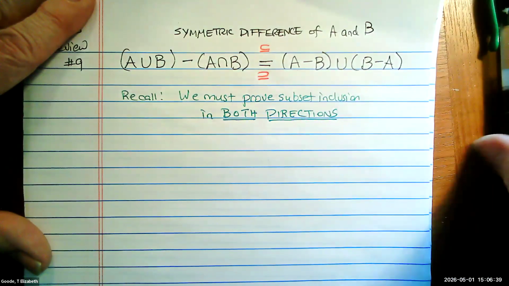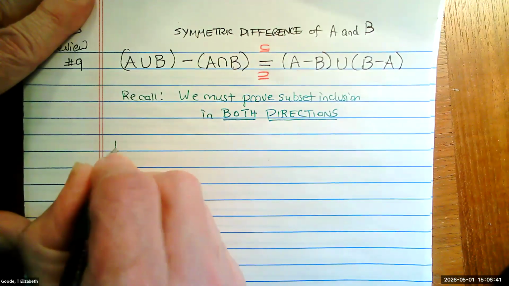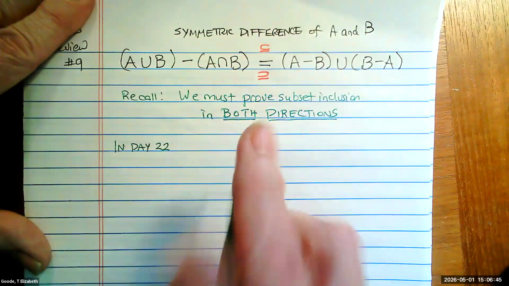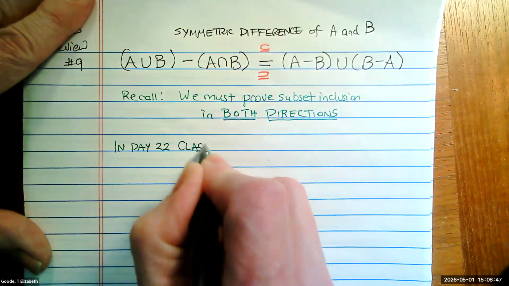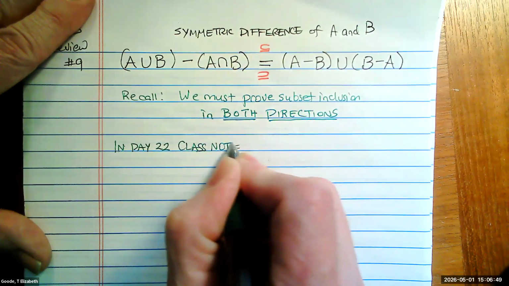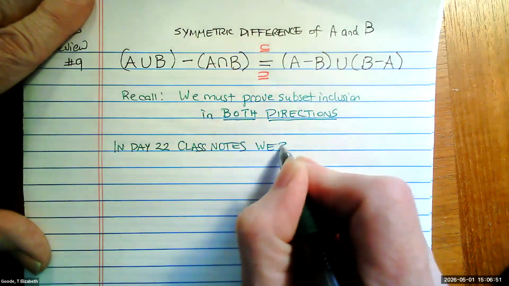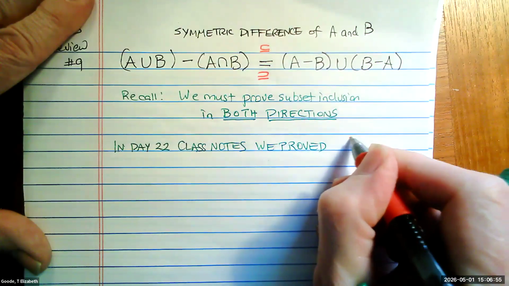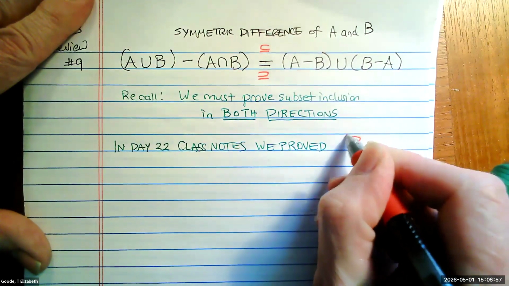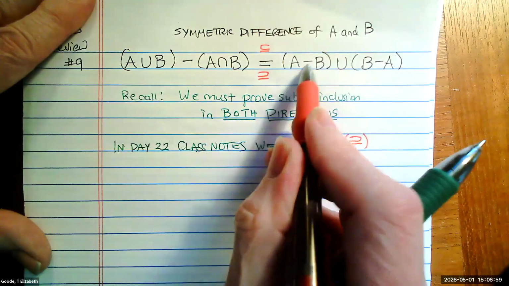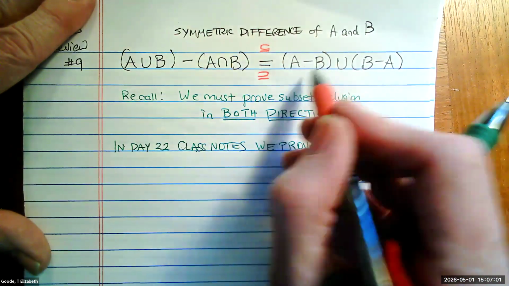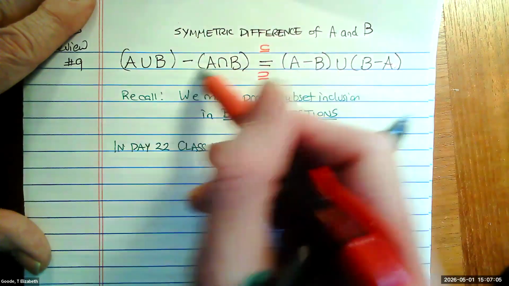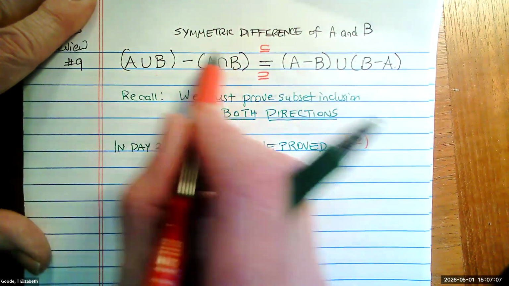So in the day 22 class notes, you should try to do it on your own and then look at the class notes to see how well you did. We proved this direction, right? We took an X from this set and we showed that it was in the set on the left.